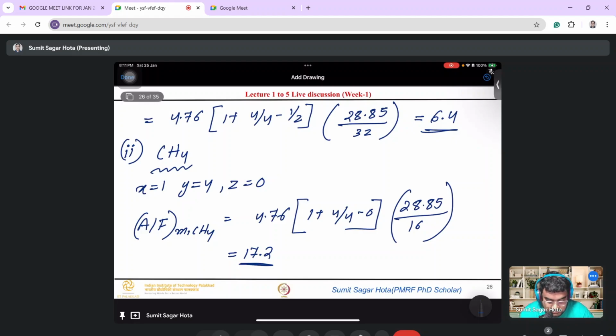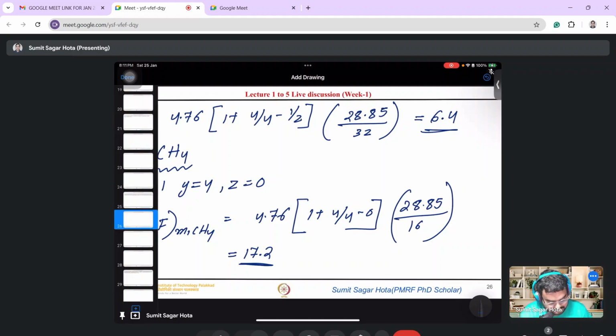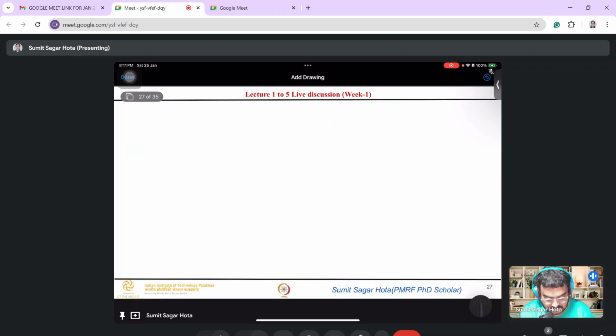So now, what is the ratio of their air fuel ratio?